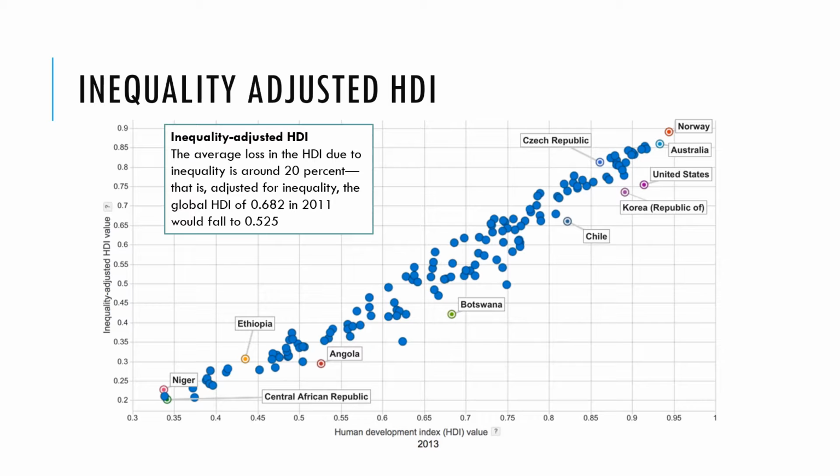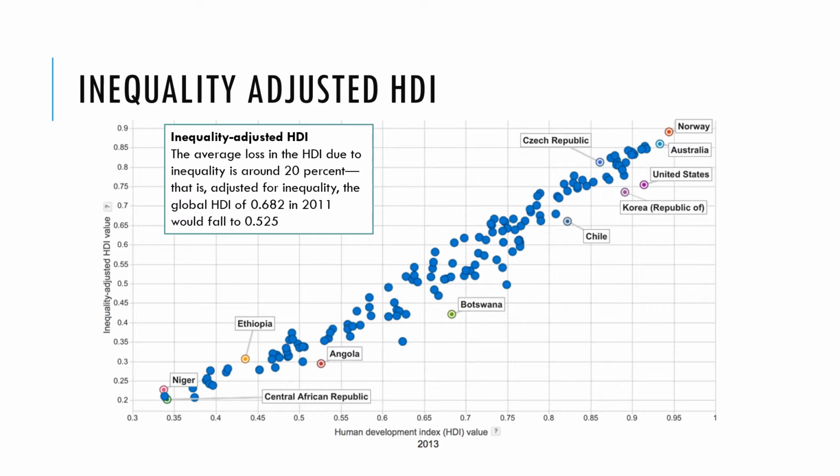An inequality adjusted HDI is the same, but here we also make an adjustment for the inequality of the distribution of income within a country. So if it's a very unequal distribution of income, this will bring down our HDI ranking. So for example, the global average of 0.682, when we adjust for inequality of incomes, drops to 0.525.